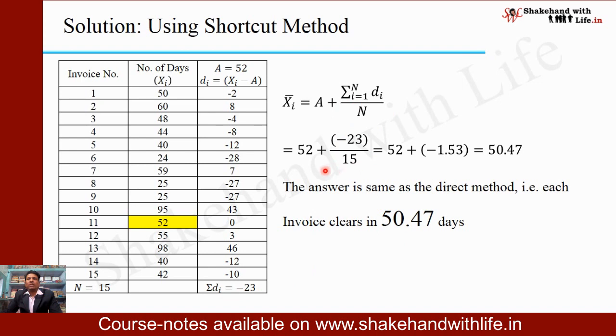So when you solve this, you will find 52 plus in bracket minus 1.53, and the answer will be 50.47. So the answer is the same as the direct method, that is, each invoice clears in 50.47 days. The only change is the methodology of calculation, and the answer will be the same. Whichever method you use, you will find the same answer.